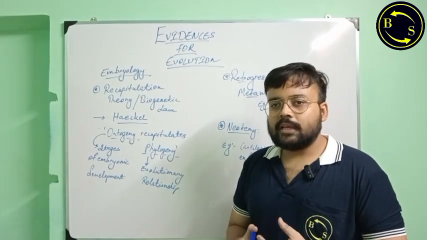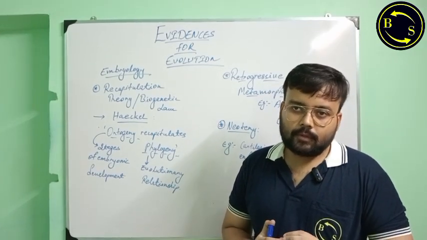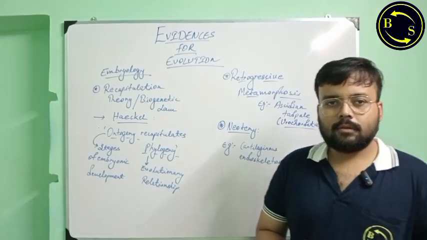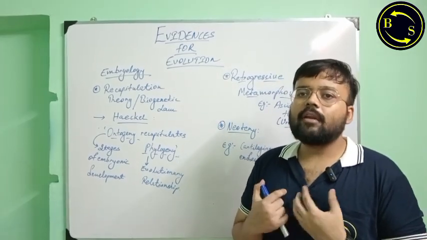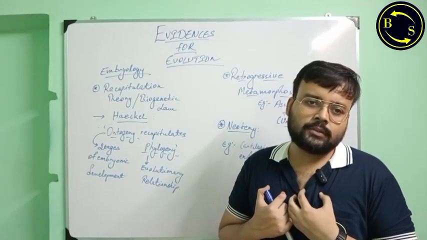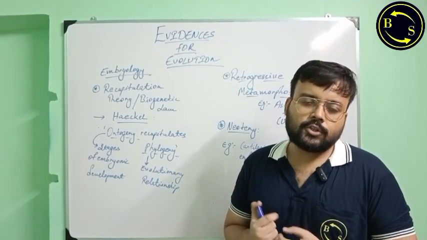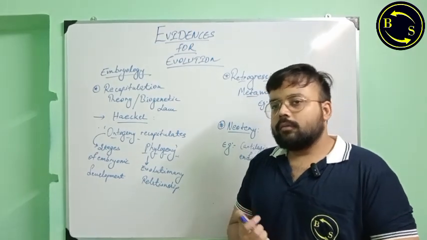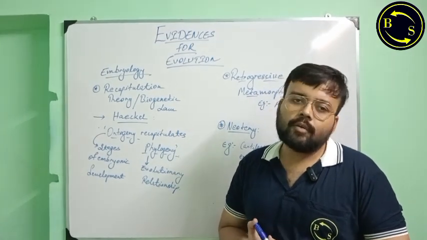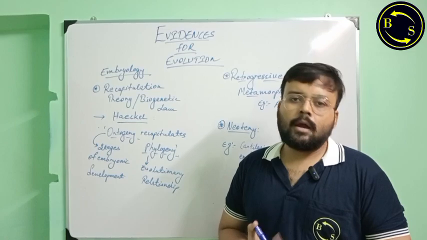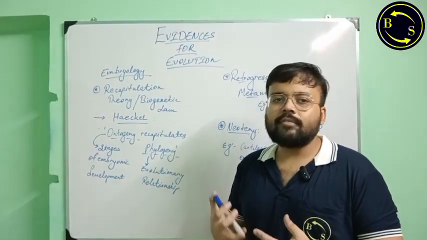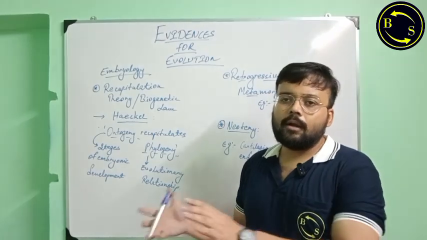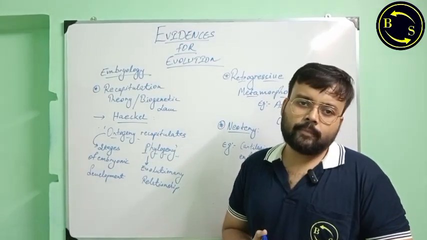Then we developed skins. Okay, we developed thin nails. We developed fully functional heart and lungs suitable for a terrestrial mode of life like the reptiles. And then we developed hairs on our body, and the mammalian route of evolution kicks in, and the embryo follows that mammalian route of development, and the human baby is formed.